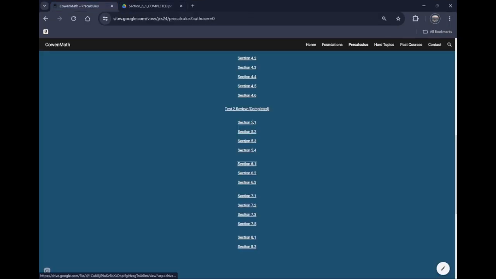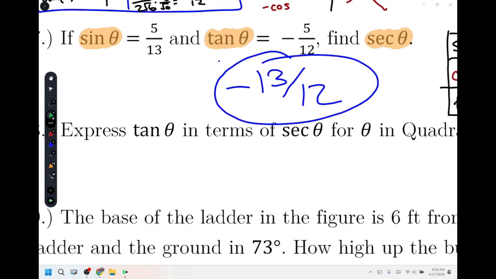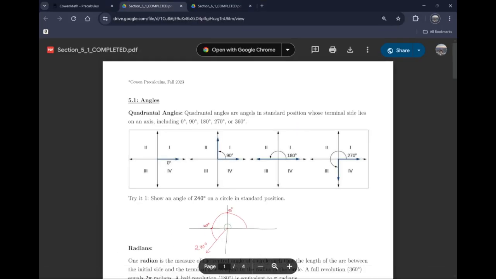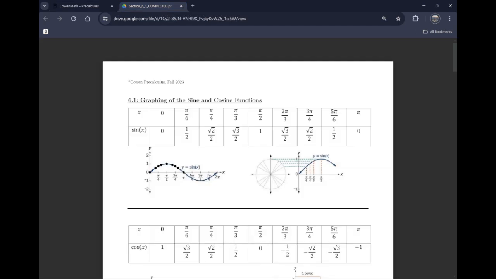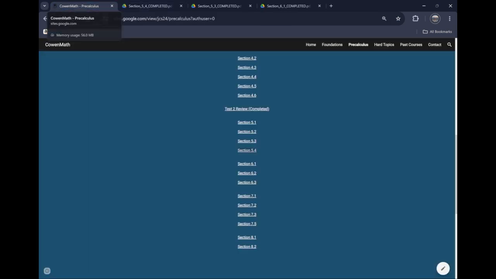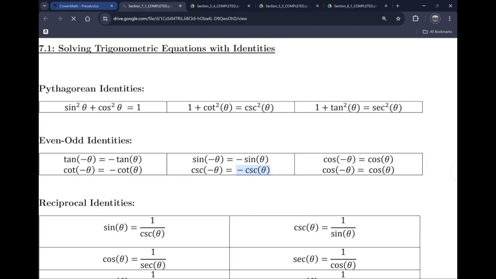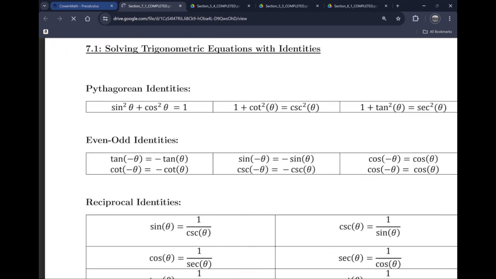Section 5.1. Nope, 5.3. Then it wasn't the first day ever. Is that the one where we get sine squared plus cosine squared? 5.4. Isn't that later in the semester? Oh, there it is. Why were you going so early? I don't know. I forgot.